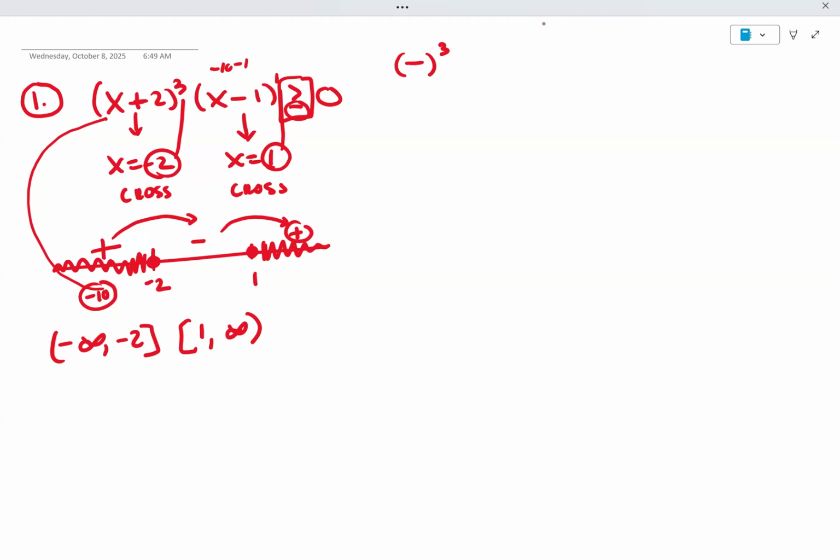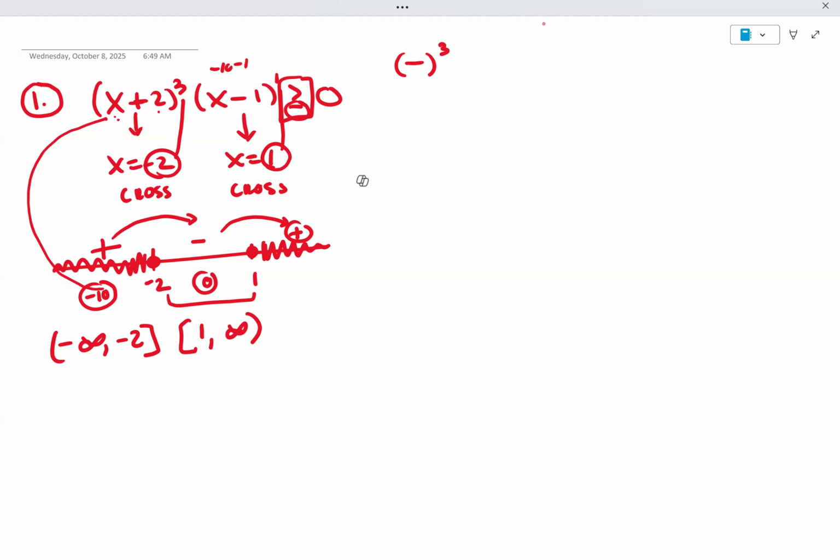You could have also done it the long way, where you've picked a candidate between -2 and 1, like 0, and substituted that in for x. 0 plus 2 is 2. 2 cubed is a positive. And 0 minus 1 is a -1 to the first power, which is a negative, and a positive times a negative is a negative.